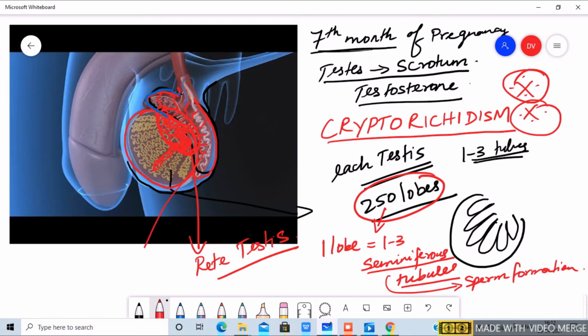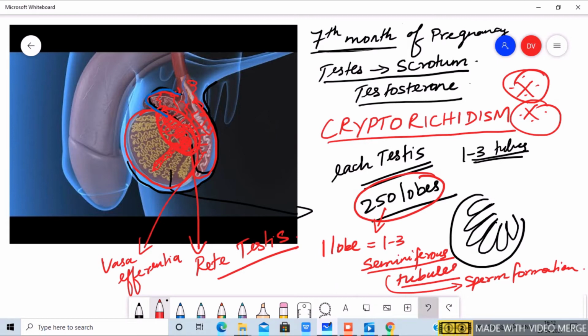These tubes are known as the vasa efferentia, and they join a long coiled tube known as the epididymis.